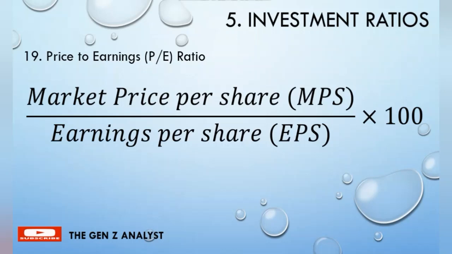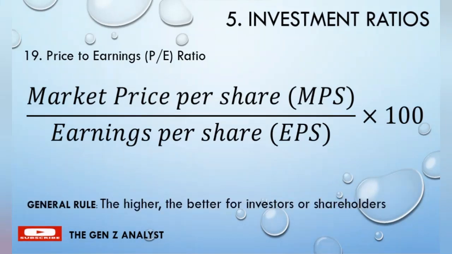So this ratio indicates the growth prospects of the share price of the business, and we calculate it by the market price per share divided by the earnings per share, and then we multiply this by 100.